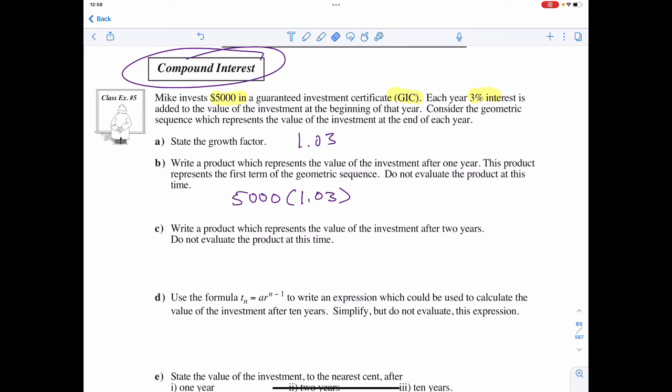If I want to write a product which represents the value of the investment after 2 years, then I would take that $5,000, multiply it by 1.03 for the first year, and then 1.03 again for the second year, or 5,000 times 1.03 to the power of 2.